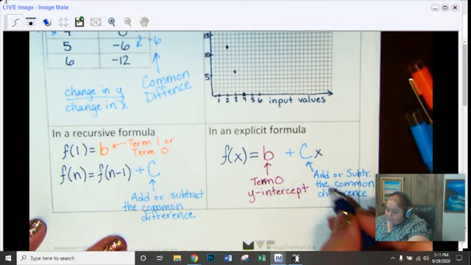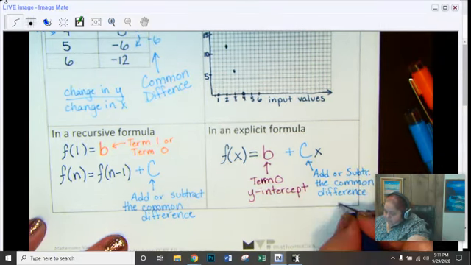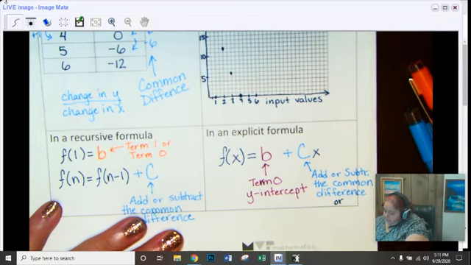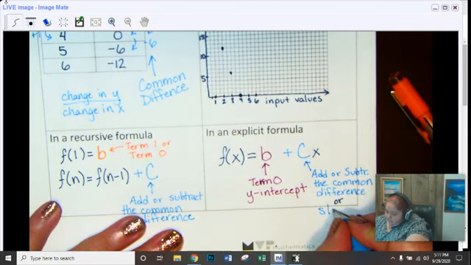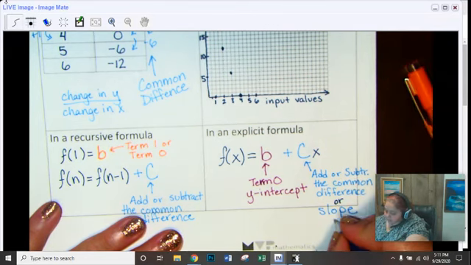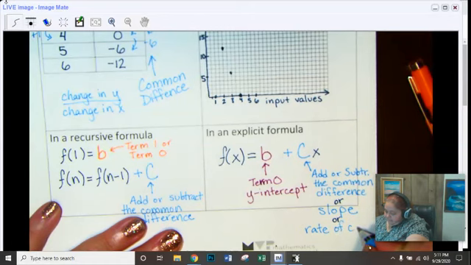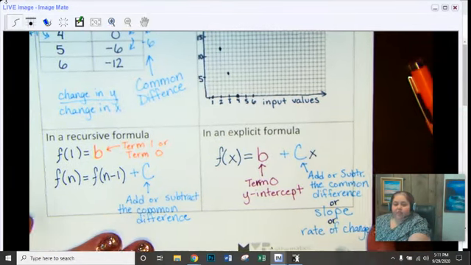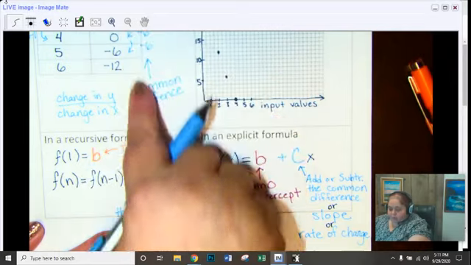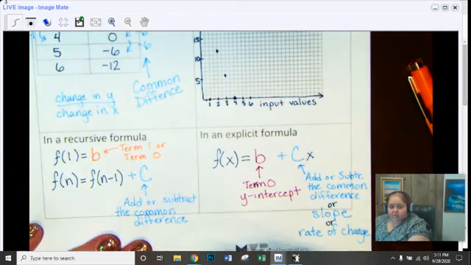Another name for this common difference is slope, or it's also known as the rate of change. These are all different names for that same thing. And we measure the rate of change by the change in y over the change in x, or the change in the outputs over the change in the inputs.